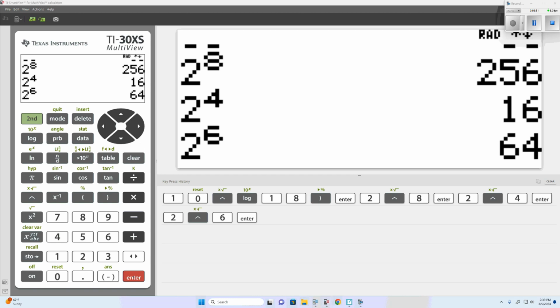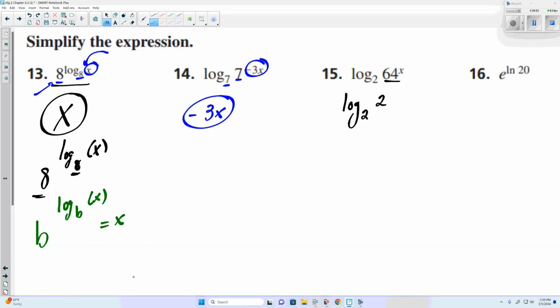So 2 to the 6 is our 64, so we could replace our 64 with 2 to the 6th. Powers and powers multiply, telling us that log base 2 of 2 to the 6x is what we had. And how will this reduce? To just 6x.